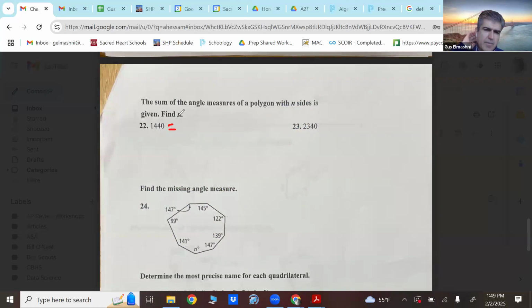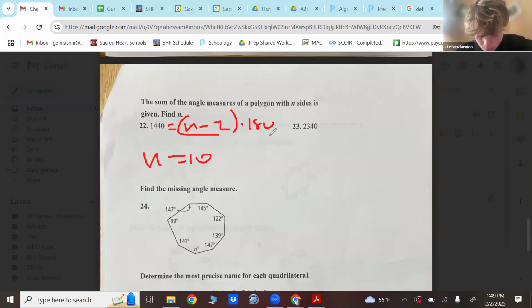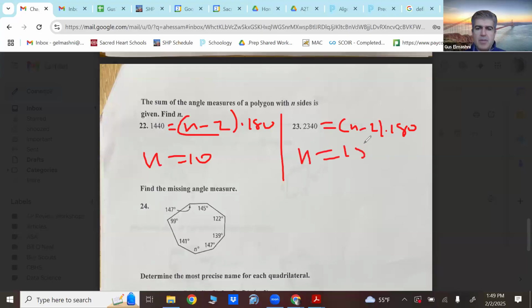Given the sum, find n. So it's equal to n minus 2 times 180, right? Yeah, that's not that hard. It's 10 sides. Which would be 15.